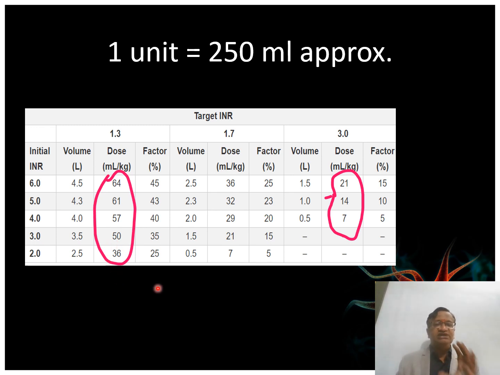So it may range from 30 to 60 ml per kg for an initial INR of 2 to 6 when the target INR is 1.3. If the target INR is 1.7, then 6 to 1.7 needs only 36 ml, and 2 to 1.6 only 7 ml per kg. This is what we should understand.